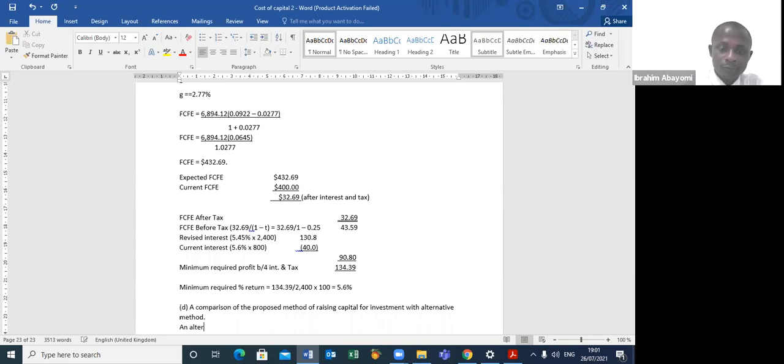An alternative way of obtaining finance of this nature is through a syndicated loan arrangement.